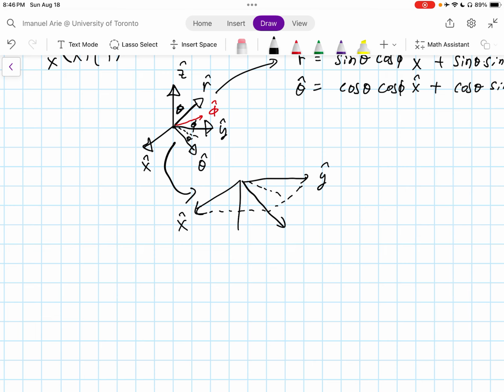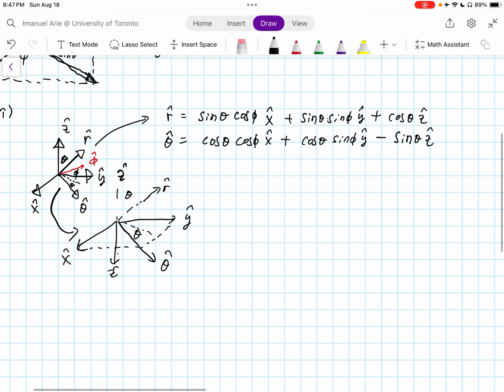And as you can see, since the angle between r hat and z hat is theta, then by trigonometry the angle between theta hat and the xy plane is also theta. By simple trigonometry, the projection of theta hat onto z hat is going to be the modulus of theta hat multiplied by sine theta. But since z is less than 0, we have a negative sign here. So that's theta hat in terms of x hat, y hat, and z hat.